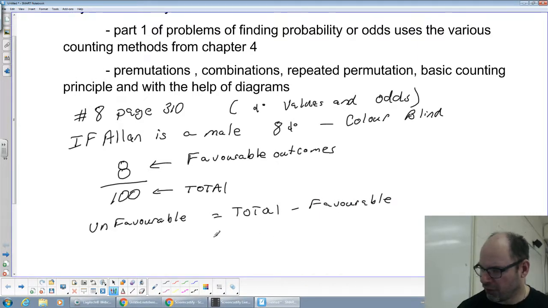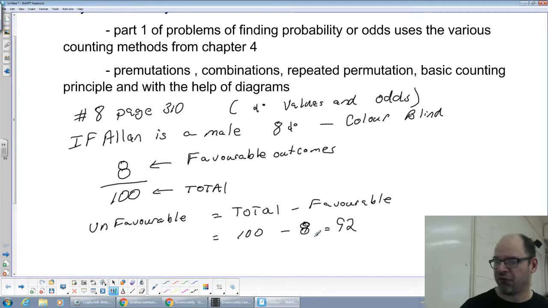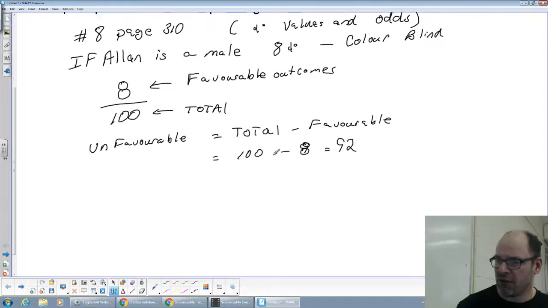So the unfavorable would be 100 minus 8, pardon me, guys, which is 92. Now you have your favorable outcomes, your unfavorable outcomes, and your total outcomes. Now that we know the favorable and unfavorable outcomes based on percentage, we can calculate the odds for being colorblind.